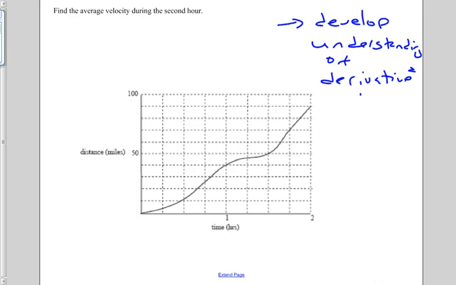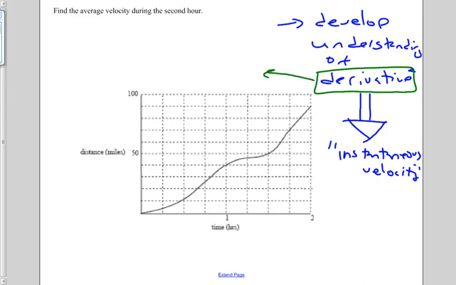And for our examples, the derivative really is just the instantaneous velocity. The derivative always is the instantaneous rate of change.